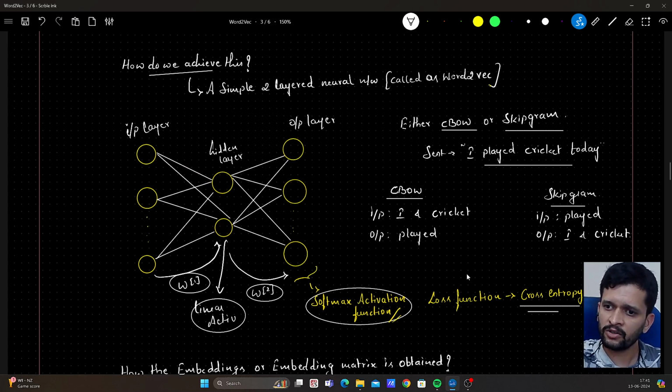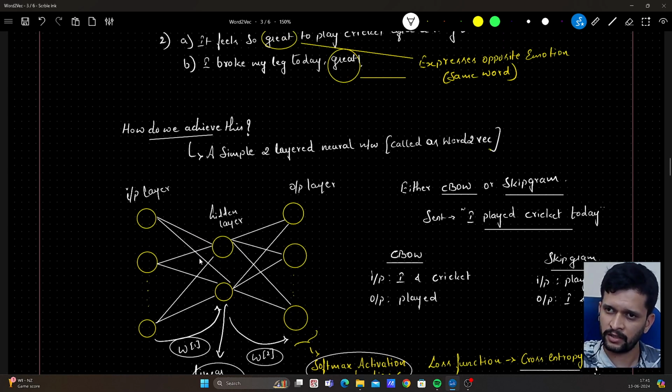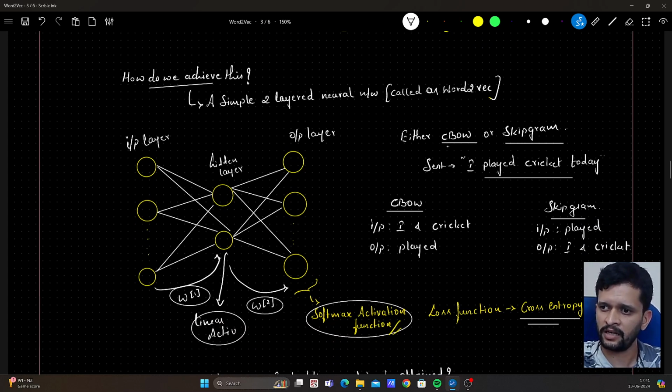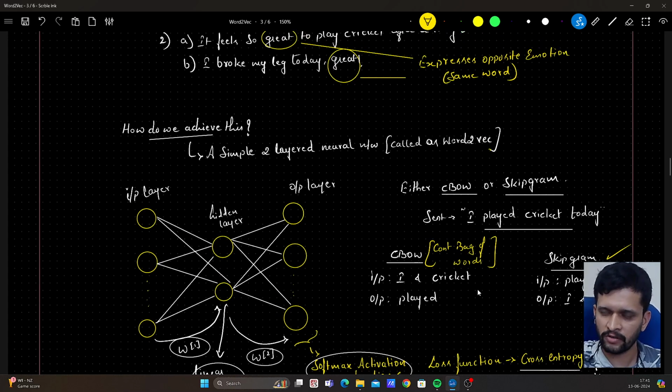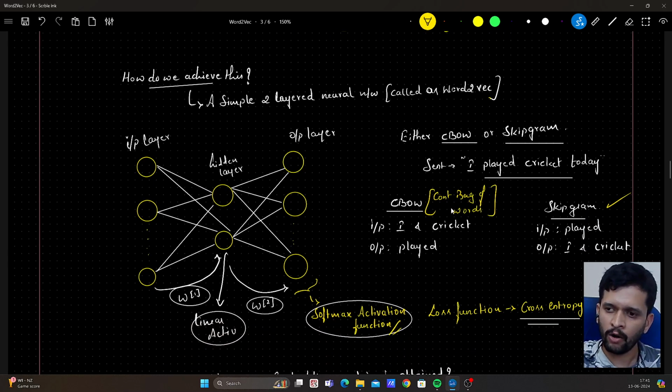Now there are 2 ways to train Word2Vec neural networks. They are CBOW, which stands for continuous bag of words, and the other one is Skipgram. For our understanding, let's take the sentence, I played cricket today. How is this neural network trained by the CBOW approach?